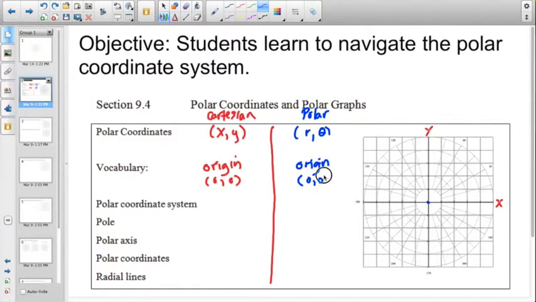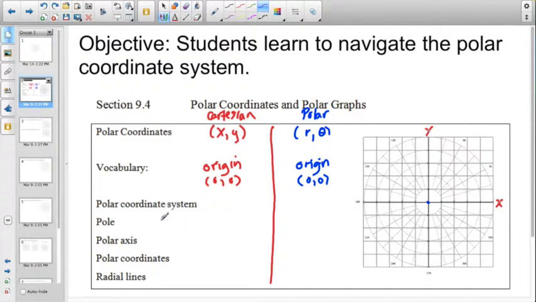I'm just going to put a theta of 0. I mean, 0 and pi over 2 would get us the same point. 0 and 3 pi over 4 would get us the same point. Where we can only express the origin in the Cartesian system one way, we can express the origin in the polar system many ways. And that's true with almost any point in the polar system.